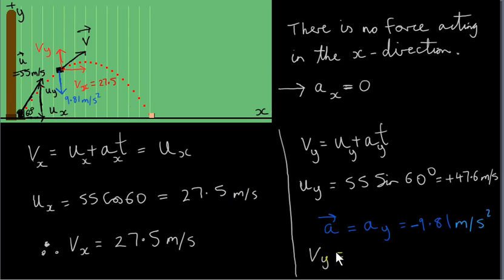So Vy equals Uy, which is plus 47.6, plus Ay, that's minus 9.81, times T. This minus sign is important because if you put a plus sign in here, it means that Vy keeps on increasing as T keeps on increasing. So normally T is naught when we launch the particle. So as T keeps on increasing, Vy does not keep on increasing, of course. So that's why we have to have a minus sign here.